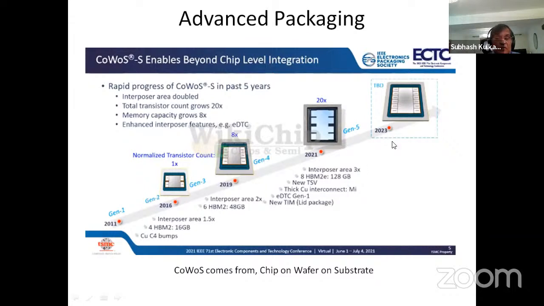And nobody knows how it will look beyond 2023. But hopefully, continuation of the progress will make us move through this path. That's the hope. So this is the COWOS process that I just showed before, chip on wafer on silicon.